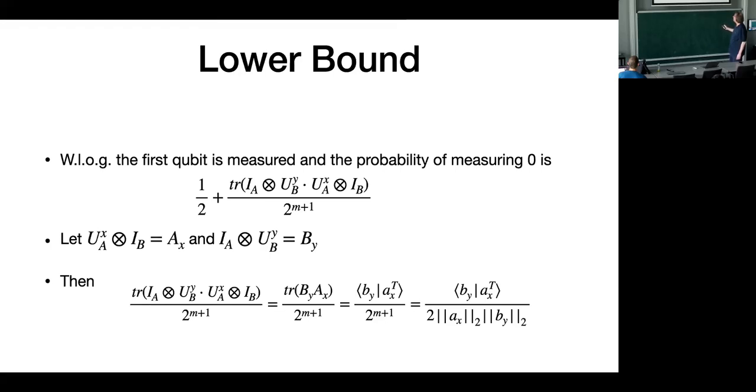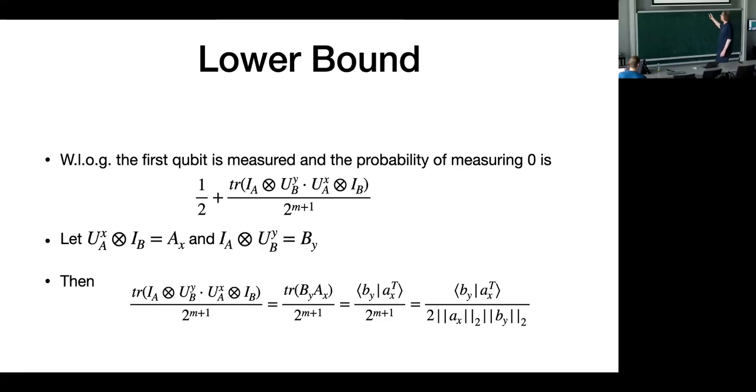M was the number of mixed qubits, and this is the bias you get. Now you can define this to be the x operation ax, and this to be the y operation by; this depends on y and this depends on x, but not vice versa. And then this bias is the trace of by times ax, still divided by 2 to the m plus 1.